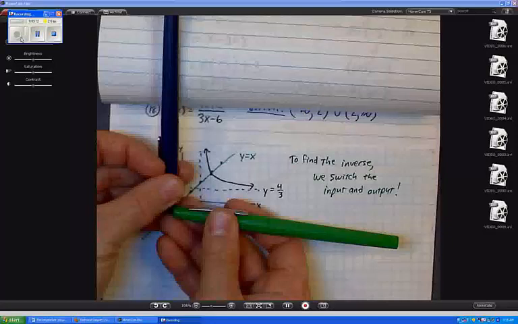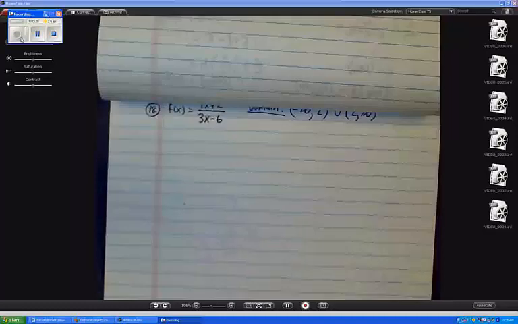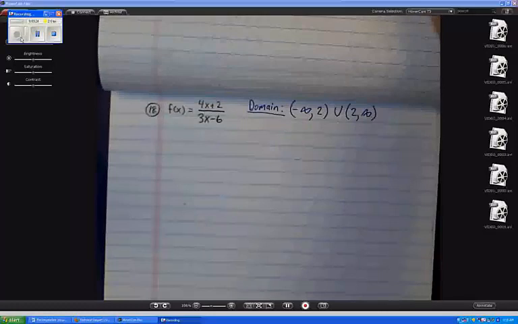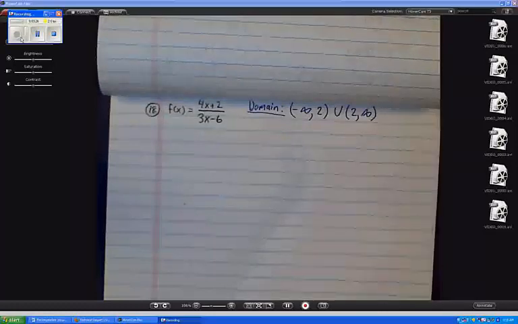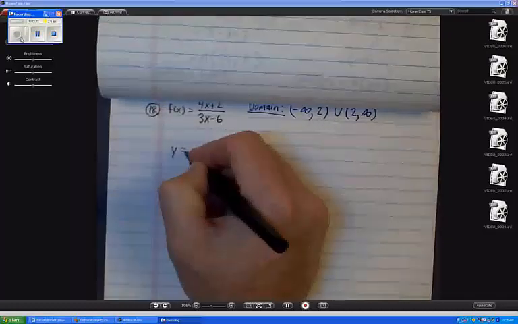Okay, so how am I going to accomplish switching the input and output for a function like this? Well, it's a little challenging. So I'll start off by rewriting the function this way. Y equals (4x plus 2) over (3x minus 6). Okay?